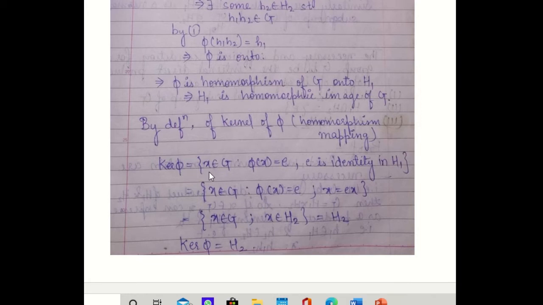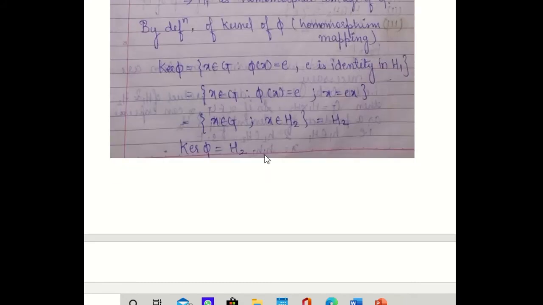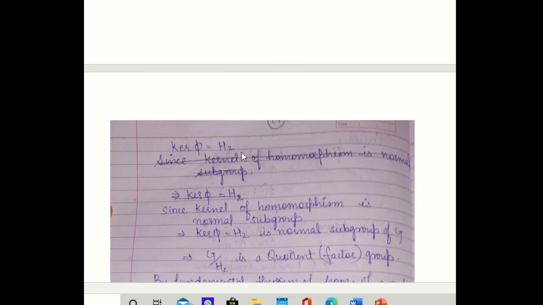So kernel of phi is those elements x of G which are mapped onto the identity element of H1. So phi of x is equal to e. So x belongs to G implies phi of x equal to e, x equal to e x. So x belongs to H2. So kernel of phi is H2.